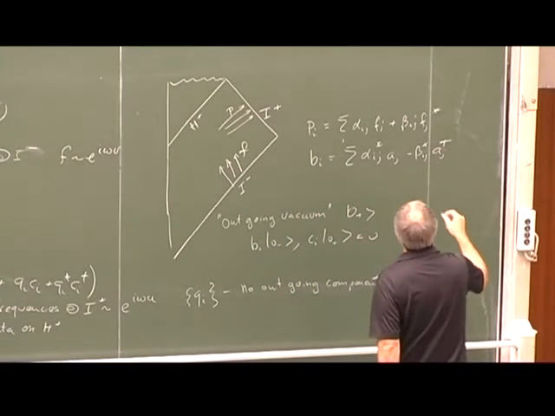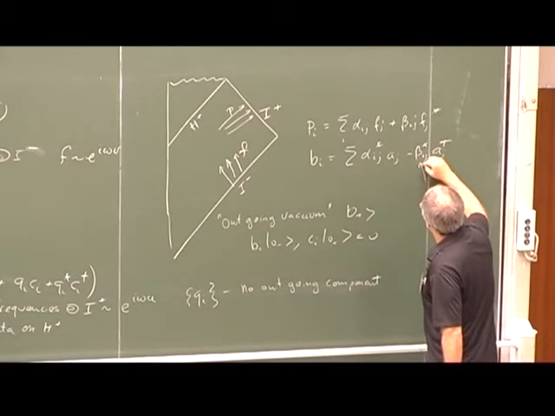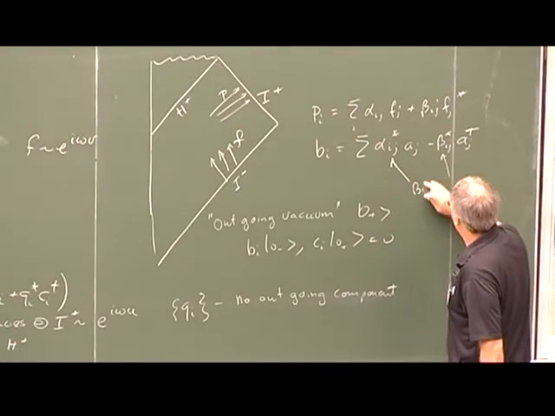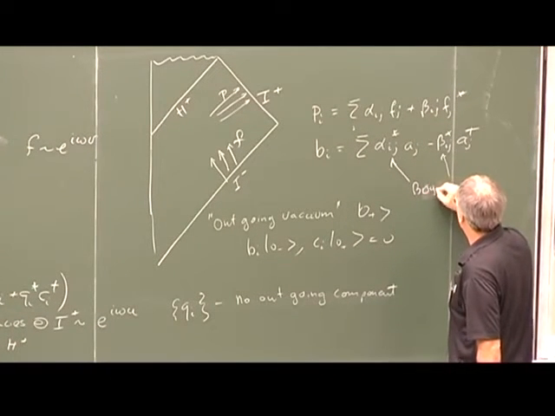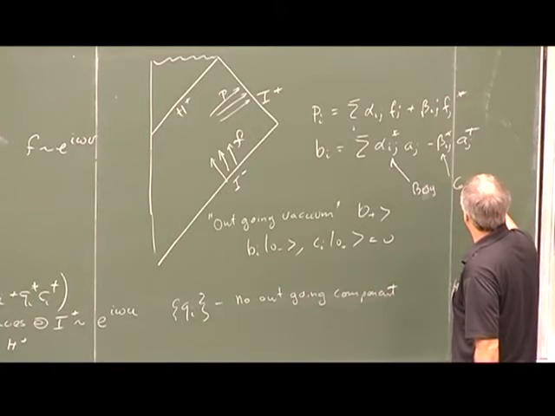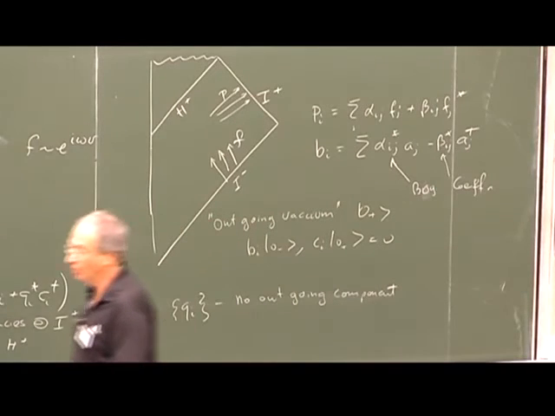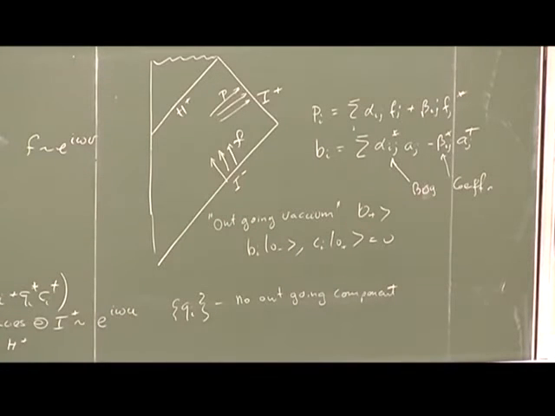These are called Bogoliubov coefficients.